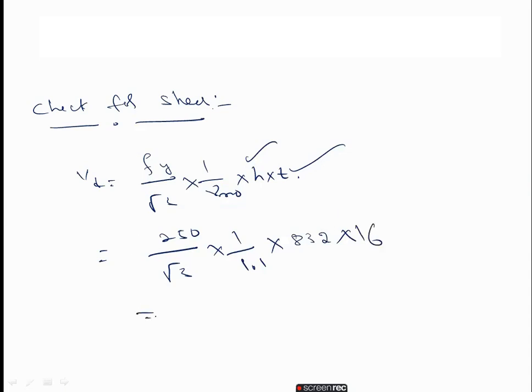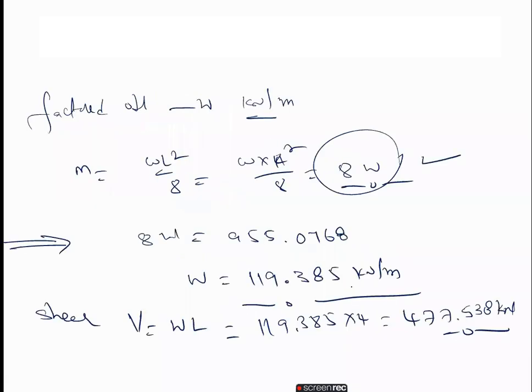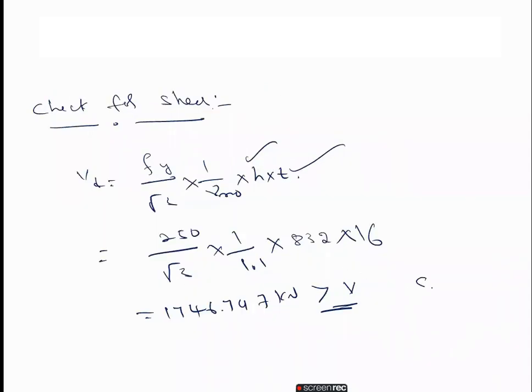So you will get the answer 1746.747 kilonewton. It is greater than the shear value. How much shear value did we get here? We got 477.7. So it is greater than the V value.